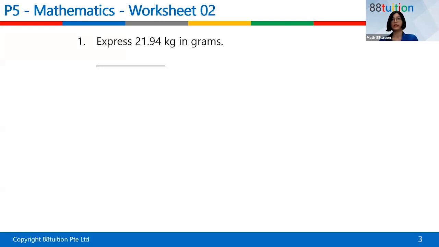kg stands for kilograms. Anything that starts with kilo stands for 1,000. That's how you understand maths using English. So we know that 1 kg is equal to 1,000 gram.